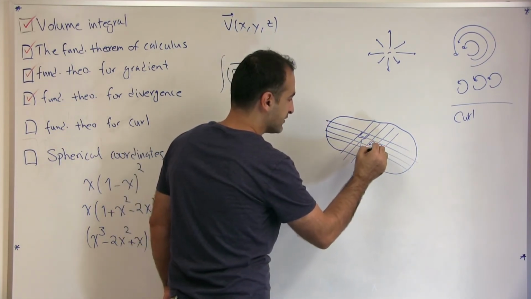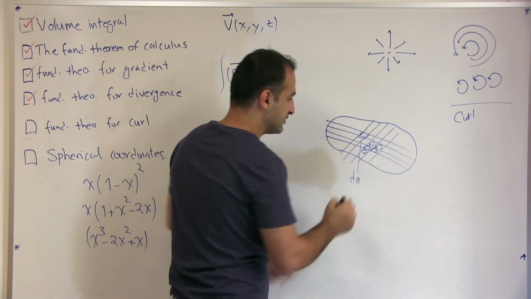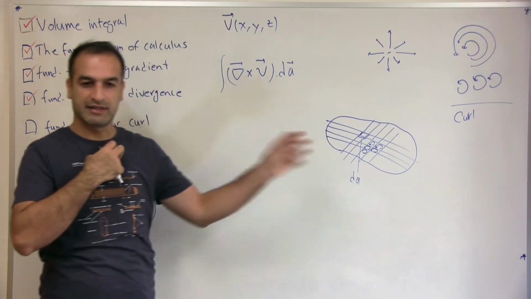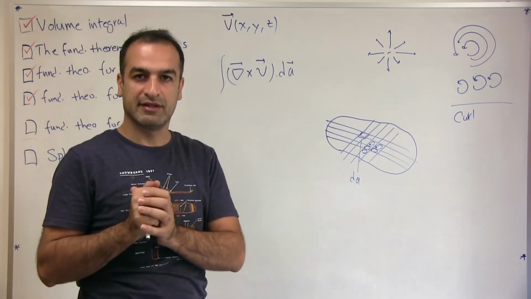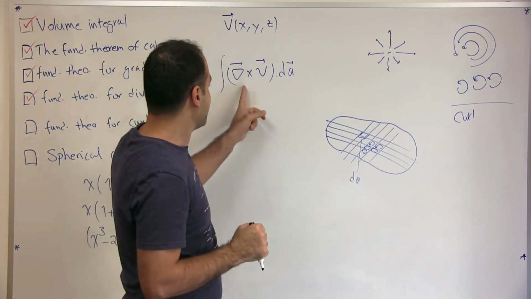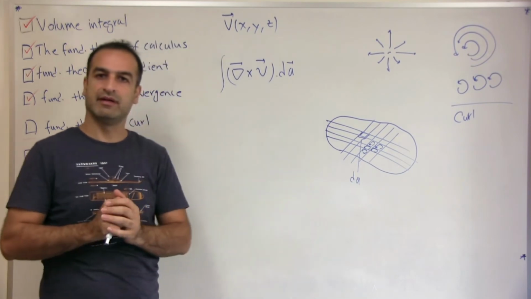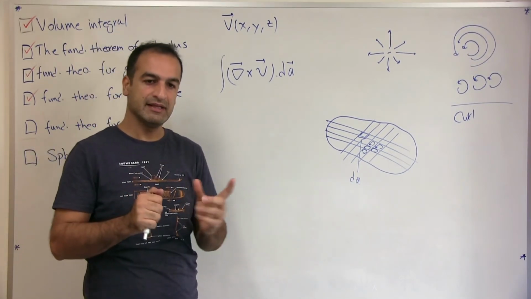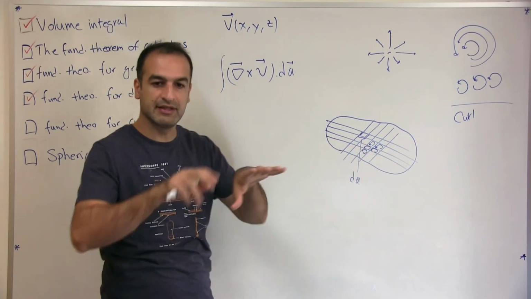Imagine you have a curl here, like this. Each infinitesimal area has a curl in it, very similar to our discussion on the divergence. If we add up the curl of all these neighboring infinitesimal areas, what's happening is that right at the boundary, the curl of each of them is canceling the other one.